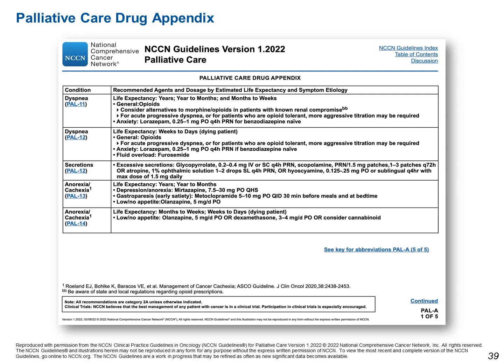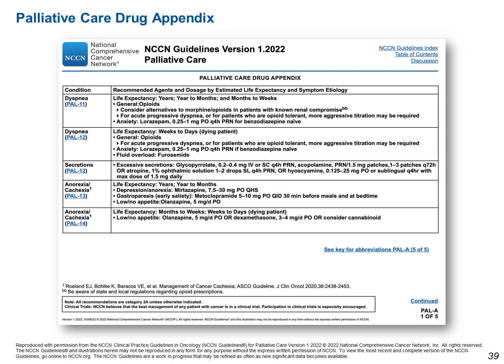What are the conditions that often need palliation? Common conditions that need drug interventions include dyspnea, usually controlled with opioids, with alternatives to morphine for patients with renal compromise. For acute progressive dyspnea or for patients who are opioid tolerant, more aggressive titration may be required.